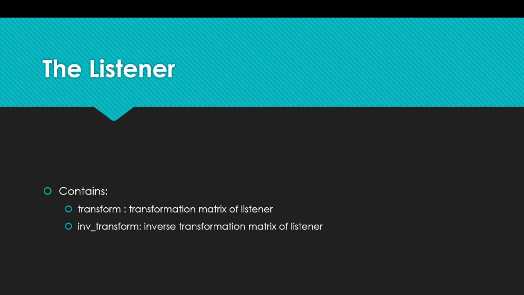You could say that you only calculate the inverse transform the first time it's required, so if there's actually any sounds in range. But I think for most games you're going to have a lot of sounds playing, you're going to regularly be hearing audio, so it would make sense that at the point you set the transform you also calculate the inverse transform, and it's there available for any calculations you want to do with your sound later on.